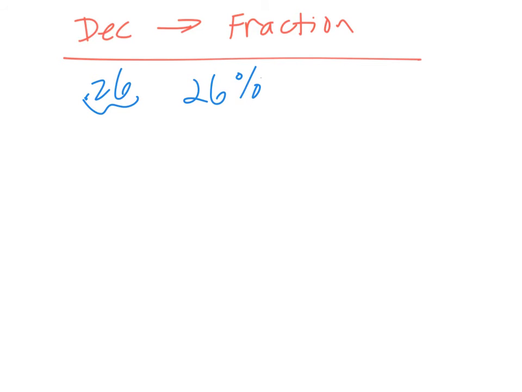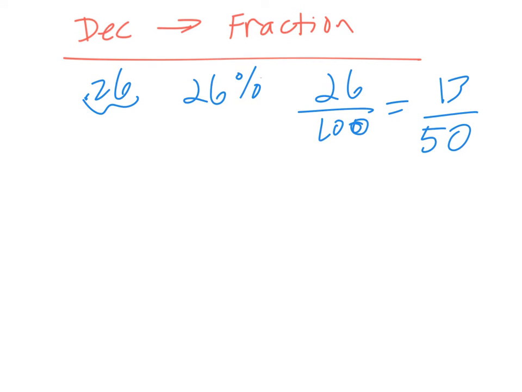And then we know that 26% means 26 out of 100, right? And then reduce that to 13/50. So I know I didn't give you an example like that, but I think it's kind of implicit that you're able to make that jump from one to the next.